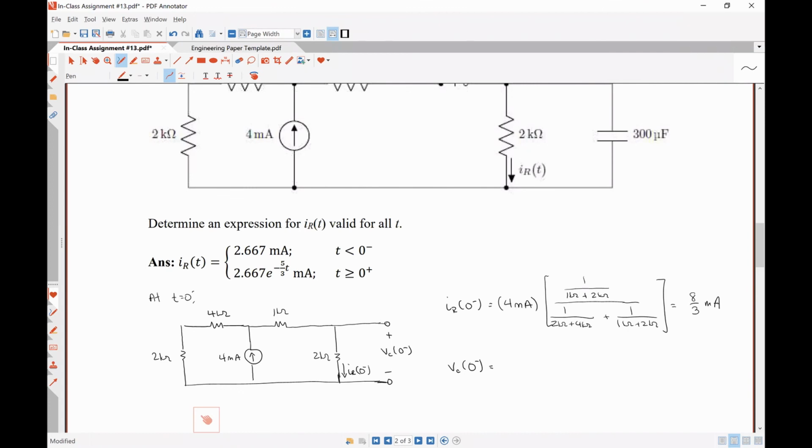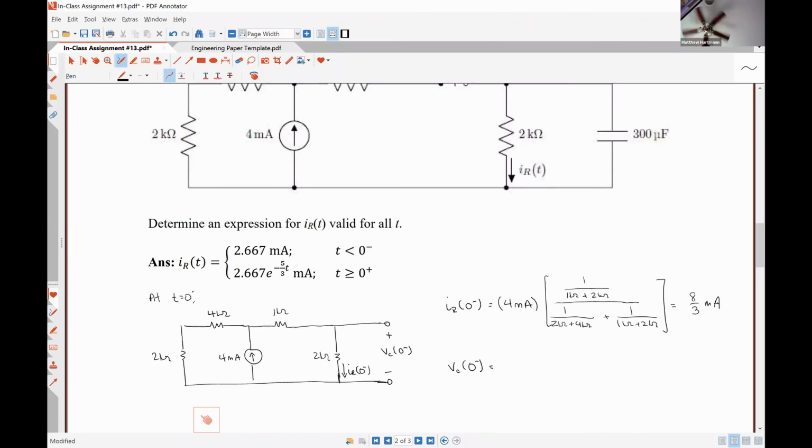Yes, sir. Alrighty, so now that I know that value, how can I determine the capacitor voltage at t is equal to 0 minus? It would be that current times the 2 kilo ohm resistor. Absolutely right. So the current IR is flowing through the 2 kilo ohm resistor.